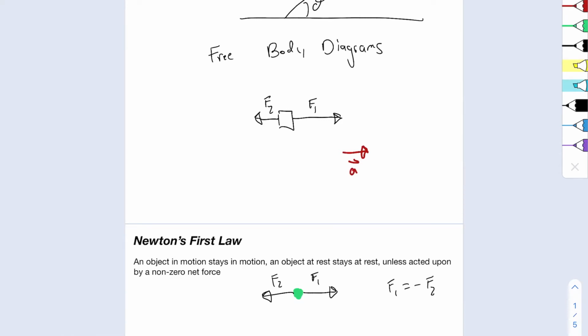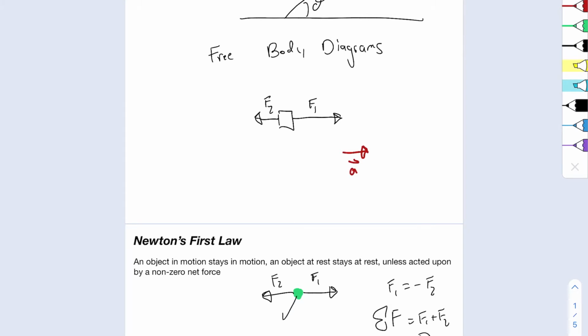To find the net force, we would just sum up, so sigma F to show the sum of the forces. That's F1 plus F2, and that's just 0. So in this case, the net force is 0. So the object will continue to move in whatever manner it was initially moving in.